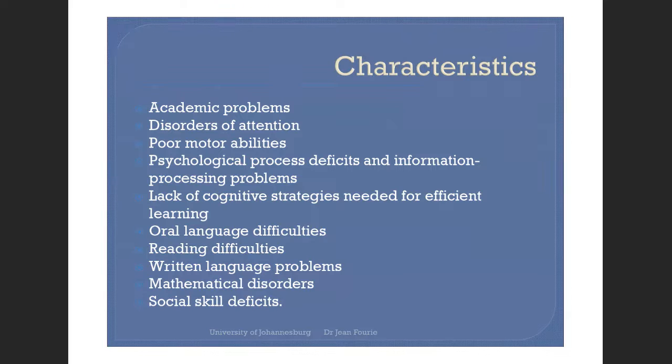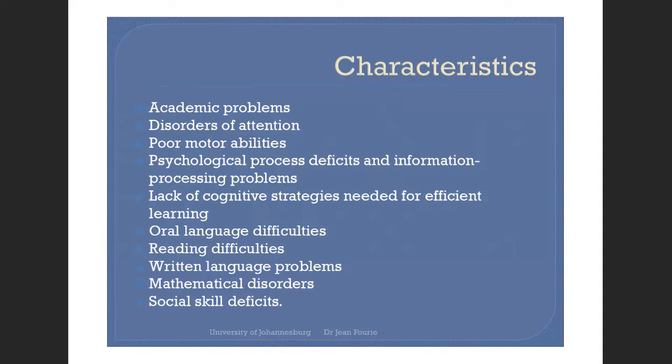So the characteristics of a specific learning disorder. We're seeing problems with academics, as I've mentioned. The disorders of attention, the ADD stuff, can come in as well, but ADHD has its own diagnosis. We often see children with poor motor abilities and poor planning abilities, because these are problems with the output. There are psychological processes or deficits in their information processing.